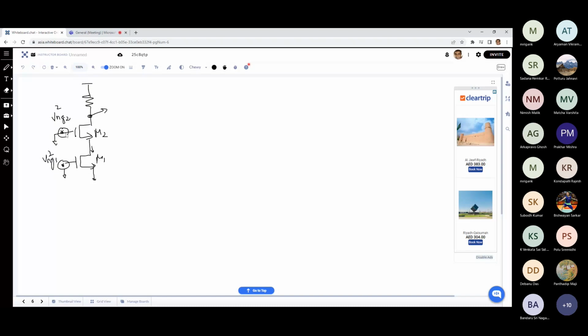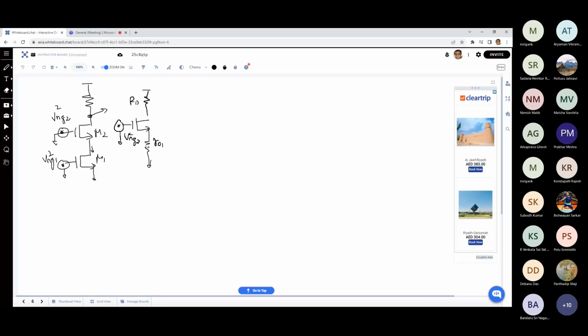However, this one, if you talk about the VNG2 square, so if I want to find out the gain from here to here, again, this is like a source degeneration, right? So this is like a common source amplifier with source degeneration. So I can replace the M1 by RO1 and then try to find out what is the effect of this noise voltage VNG2 square on the output.